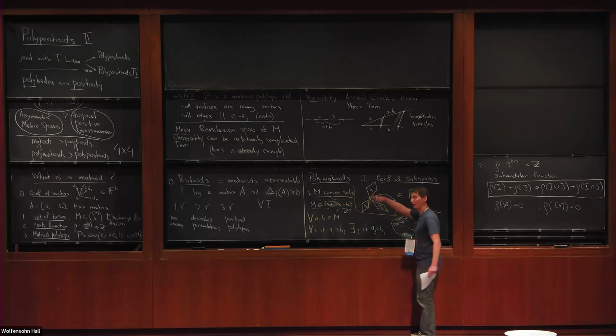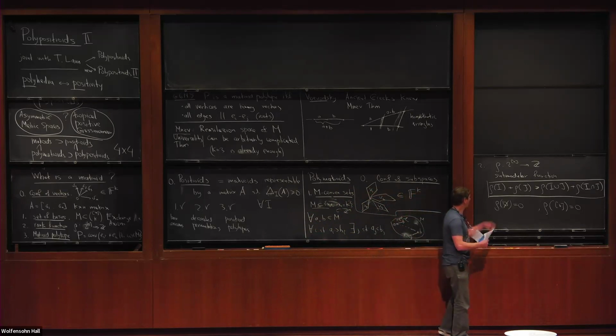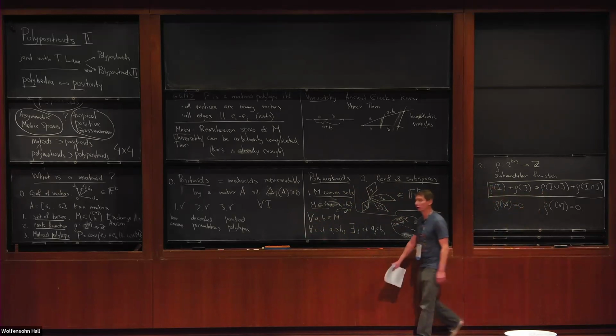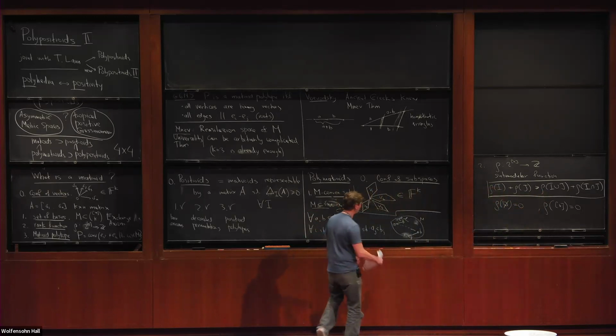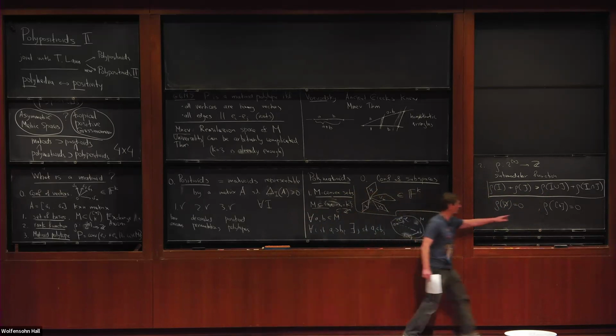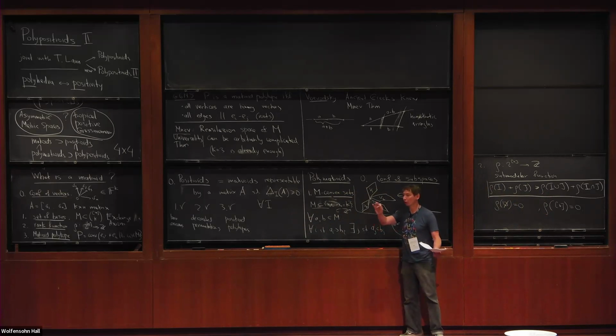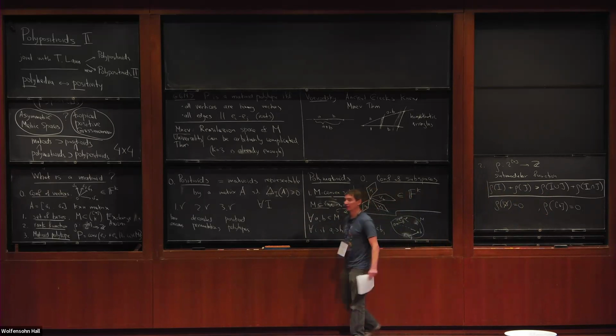So clearly vector spaces satisfy this; if these are subspaces, that's a basic inequality for dimensions of subspaces. Now, this second condition looks a little crazy because rho of n should be k, should be some non-zero number.